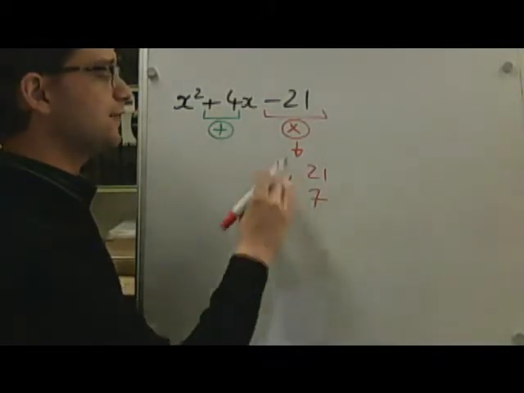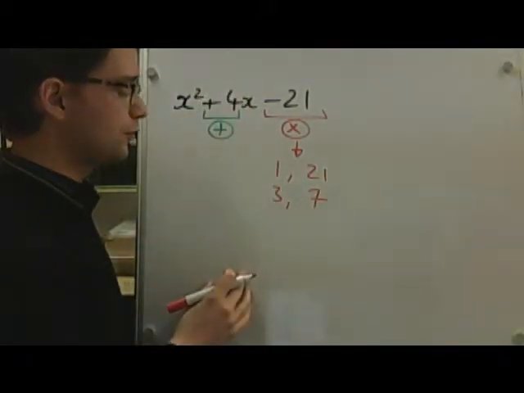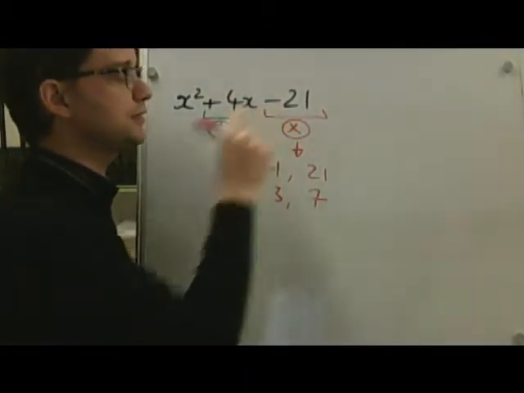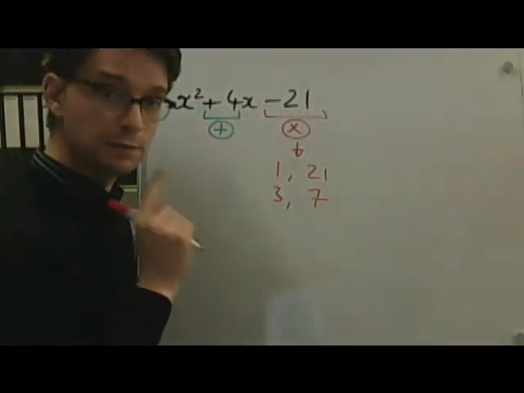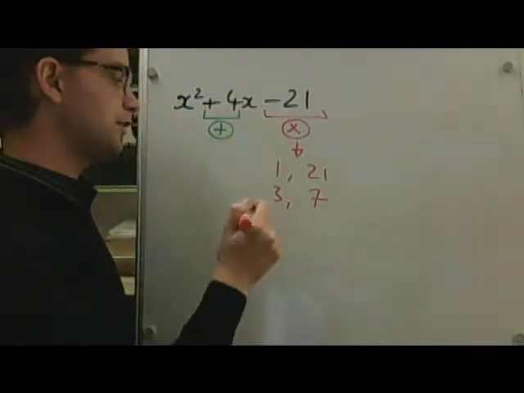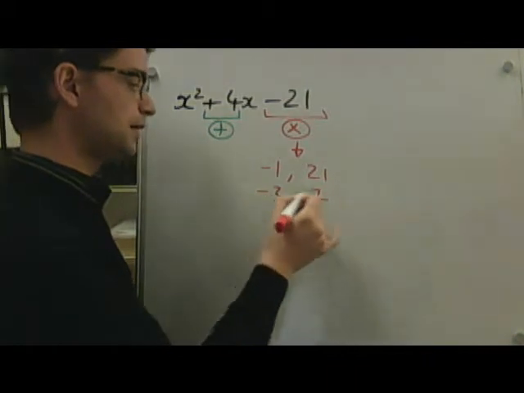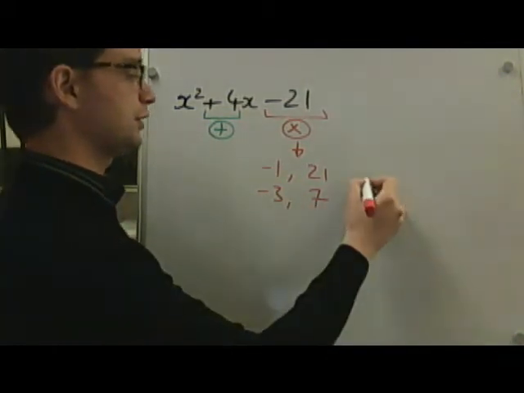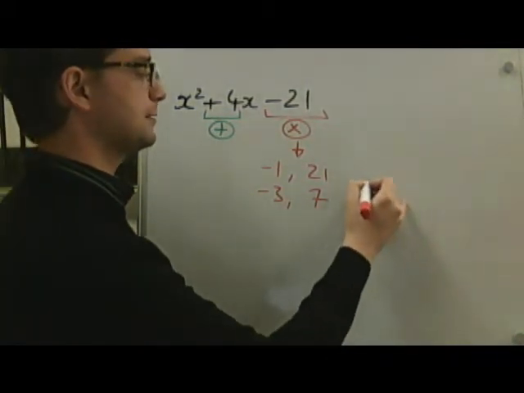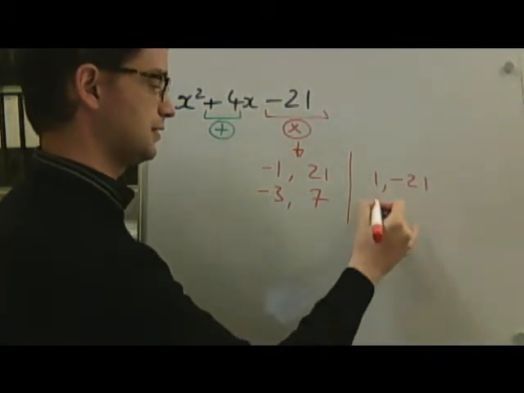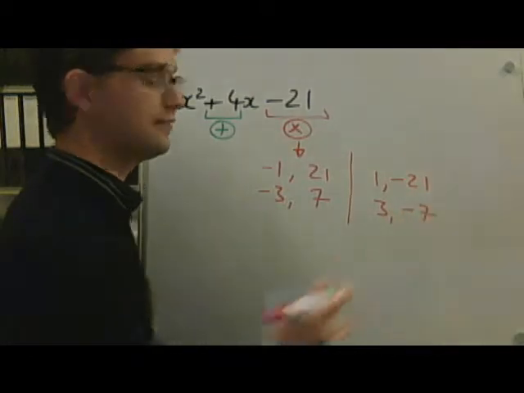Am I going to get any of these pairs to add up to 4? Crucially here, this is minus 21, so I could have minus 1 and 21, minus 3 and 7. I could also have, I suppose, 1 and minus 21, and 3 and minus 7, couldn't I?